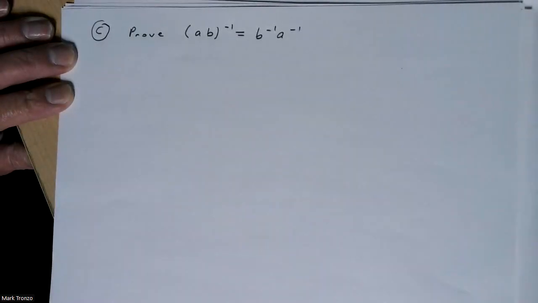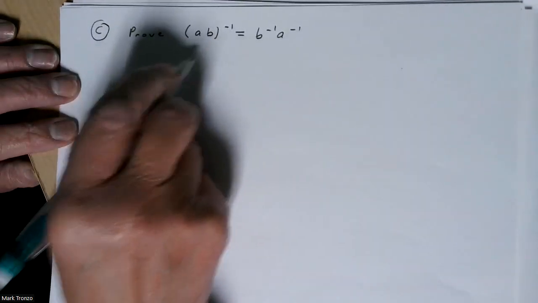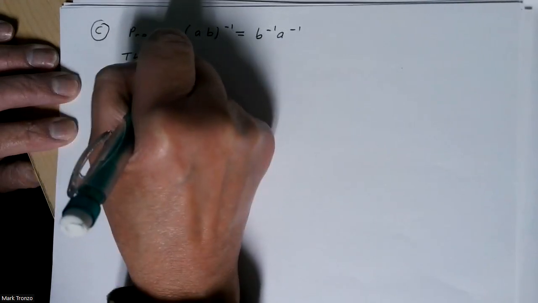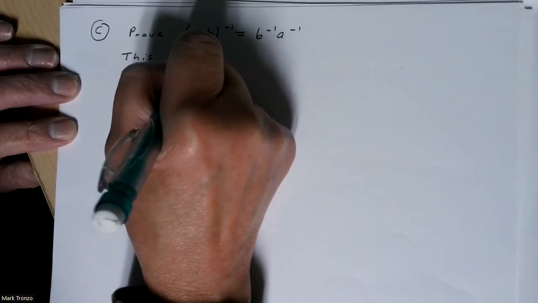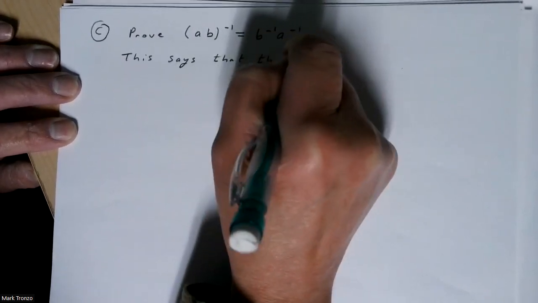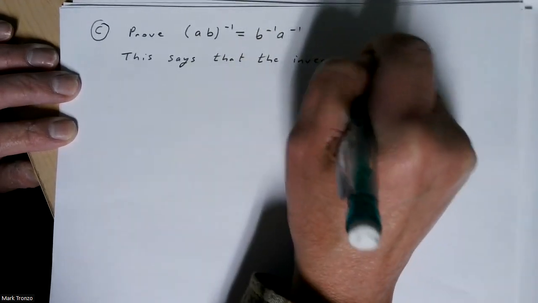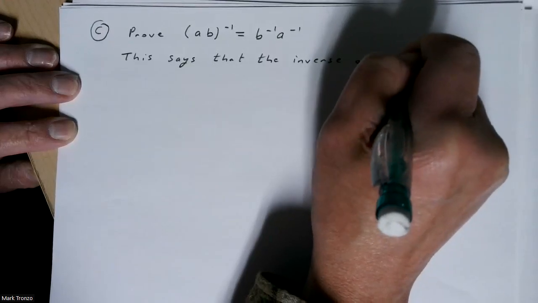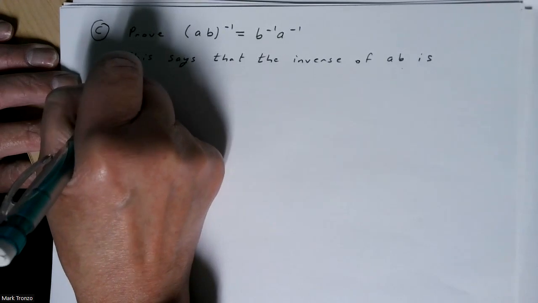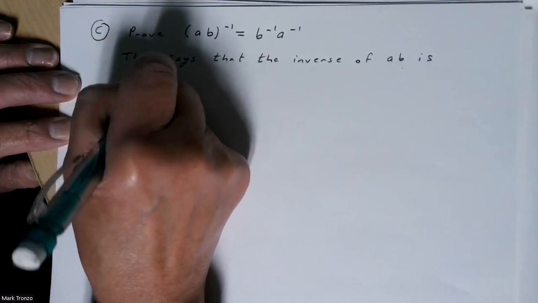So what this is saying, let me just write this out. This says that the inverse of AB is B minus 1, A minus 1.